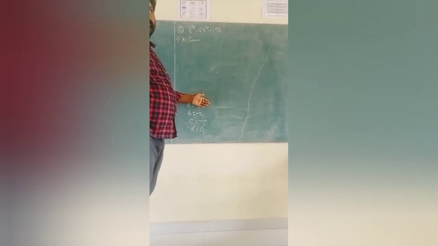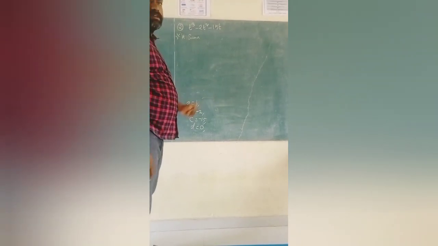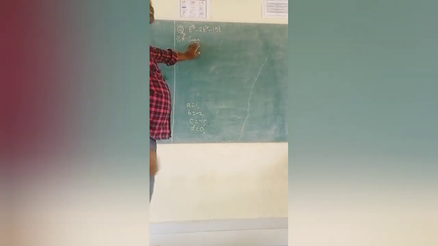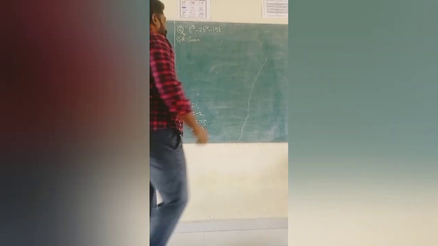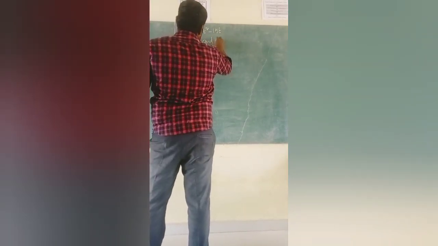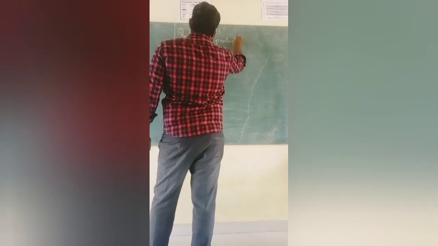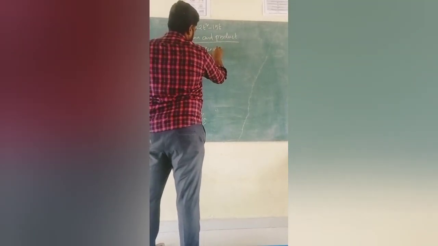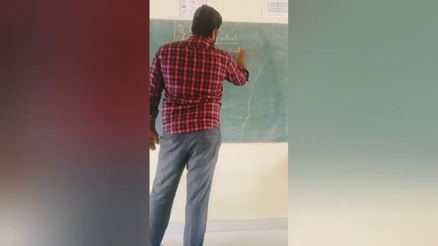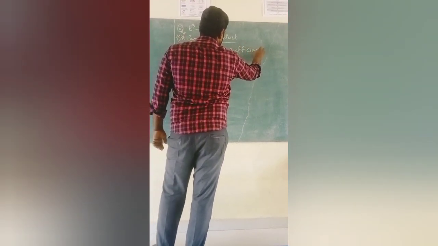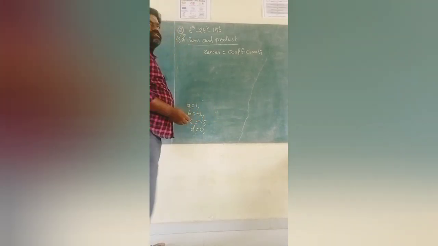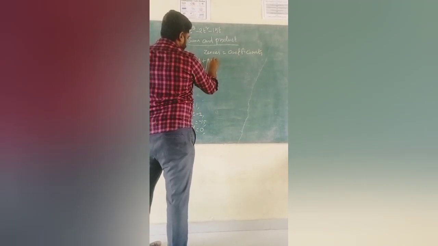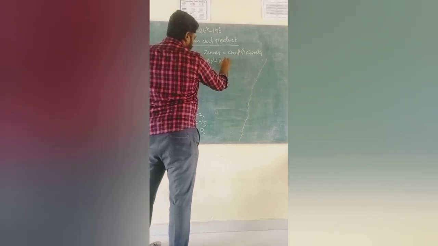Step number 2 is the sum of the products of the zeros, taken two at a time. Sum of the products of zeros is equal to a coefficient ratio. So the sum of the products of the zeros means alpha beta plus beta gamma plus gamma alpha.